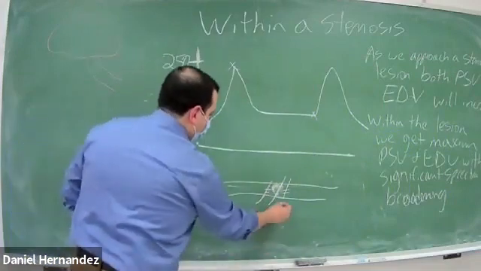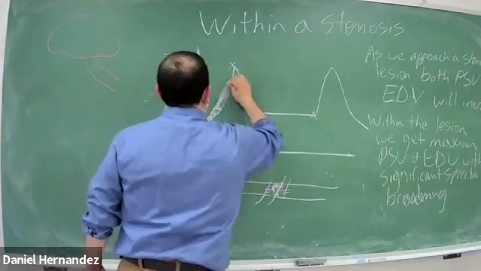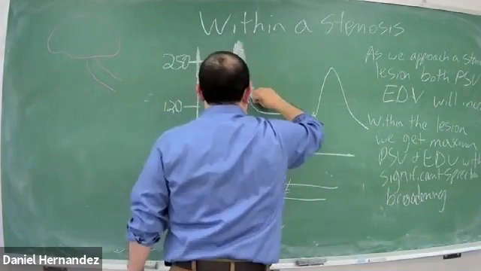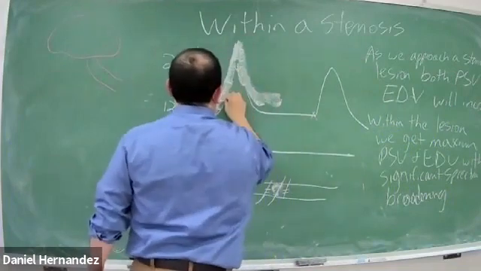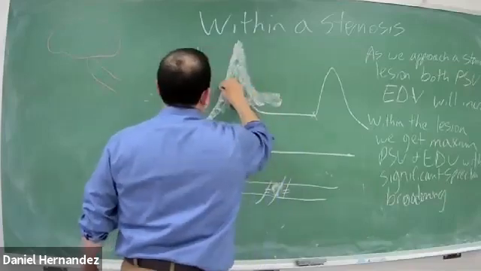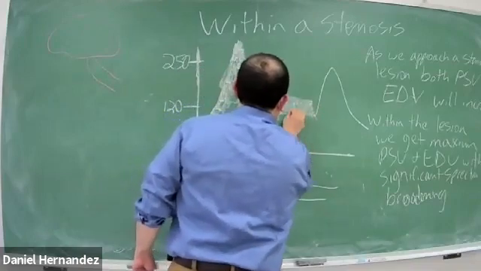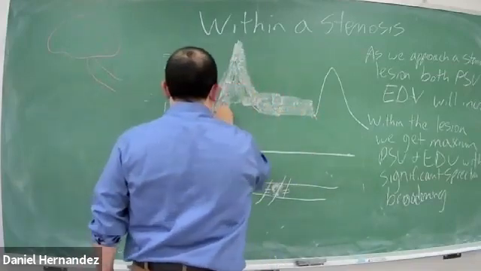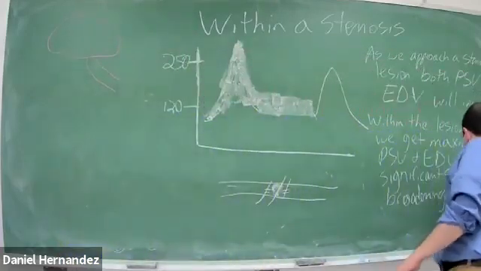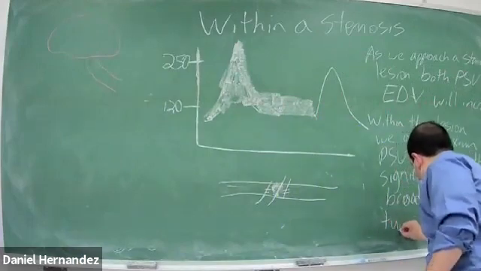So now we are in that stenotic lesion. What's going to happen to our waveform is we're going to have a sharp rise in those velocities, and we're going to wind up filling in that spectral window. The waveform is going to look much thicker because the blood flow is very turbulent through that stenotic lesion. So we get spectral broadening due to turbulence.